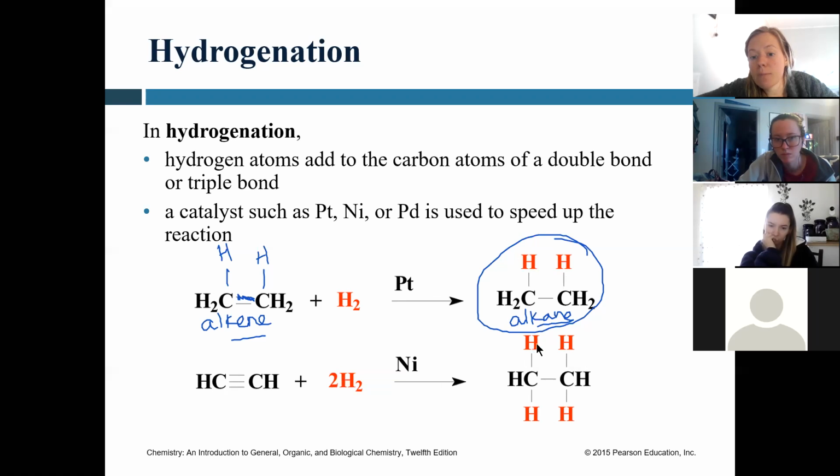Here we've got to double it up so that we can fill in 4 open slots. If I get rid of this bond and then I also get rid of this bond, right? This carbon has 2 open slots and so does this one. And we'll pack it in.